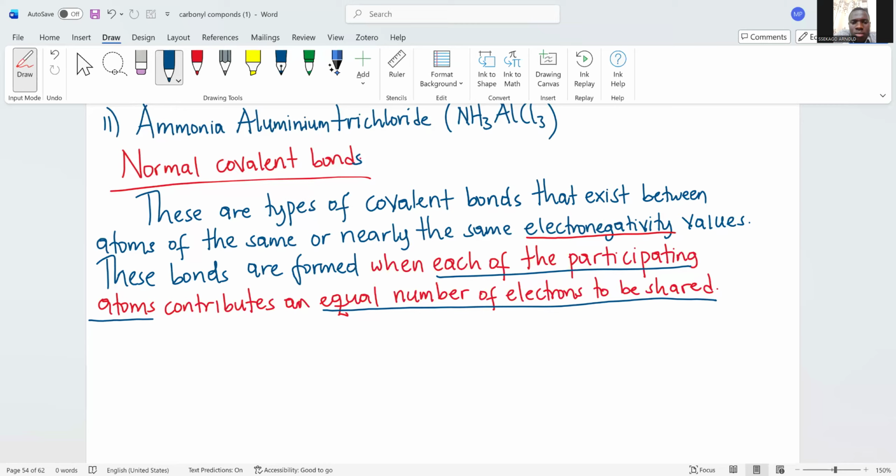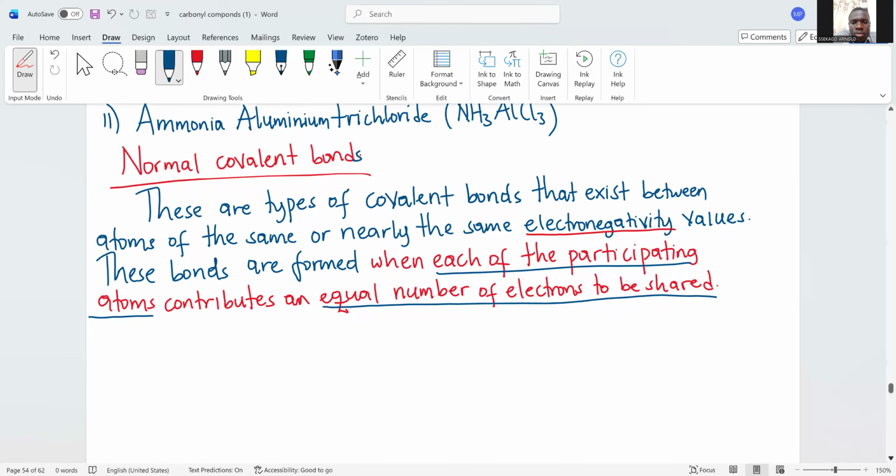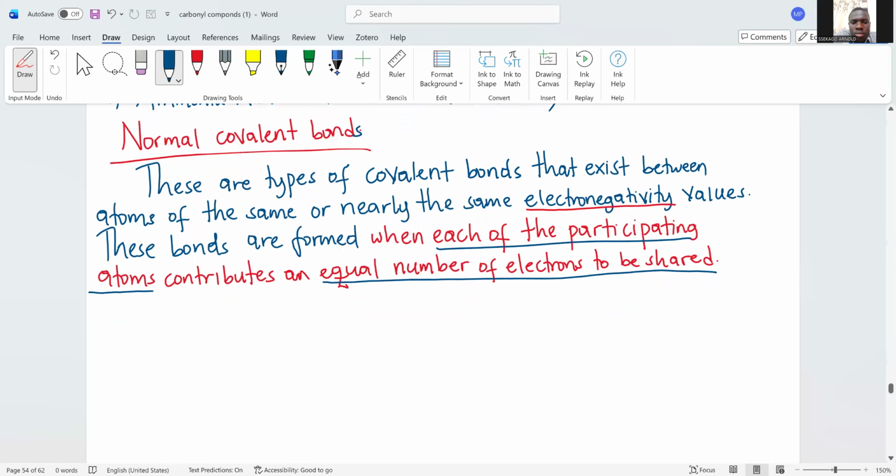I am going to explain it in a basic way, not in a technical way, because my colleagues in Senior 5, who have not covered much of periodicity, don't need the technical term of electronegativity. They will be taught it at a later stage.